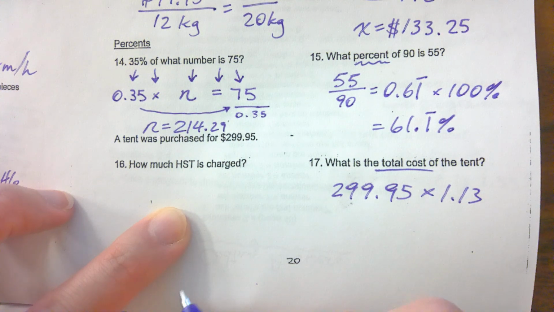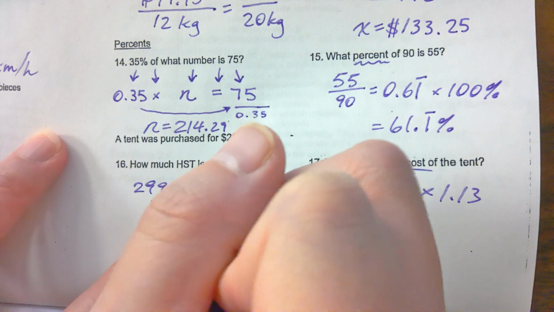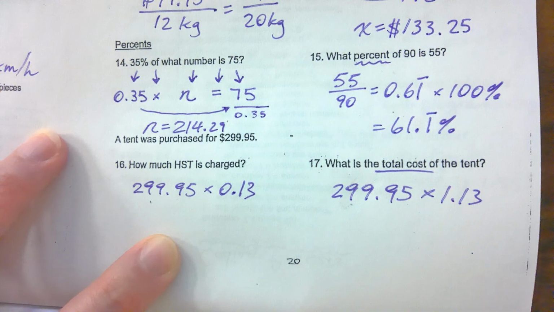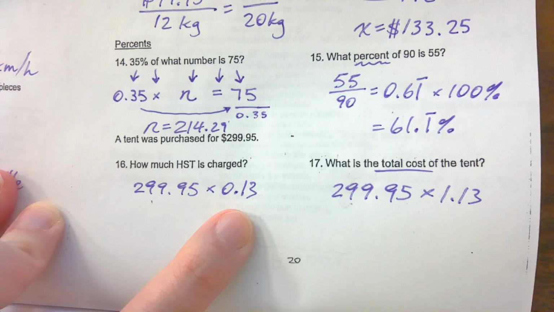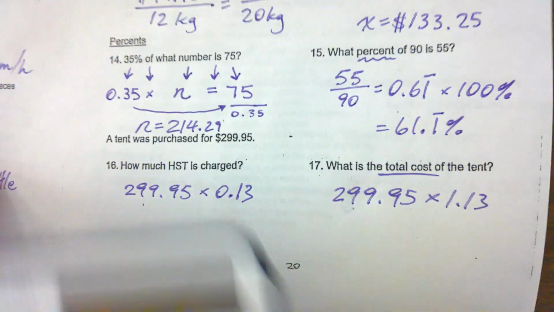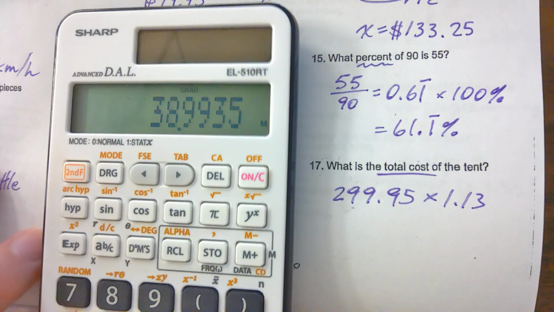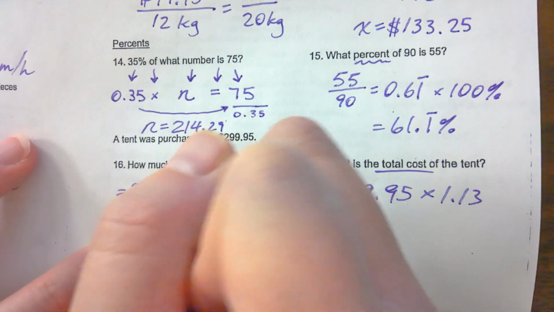Alvin? 0.13. Right. So 299.95. If I want to know how much tax the government took away from me, I just times it by 0.13. 299.95 times 0.13. I get this. So what do I round to? Yeah, so $38.99. Your unit, dollar sign.